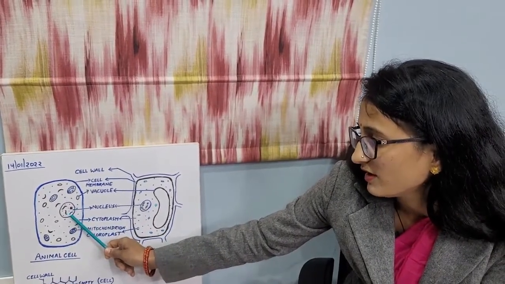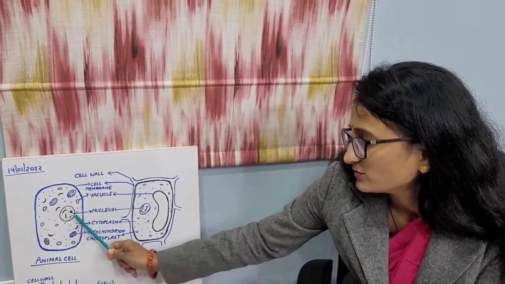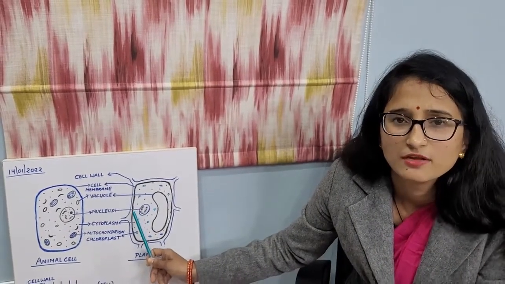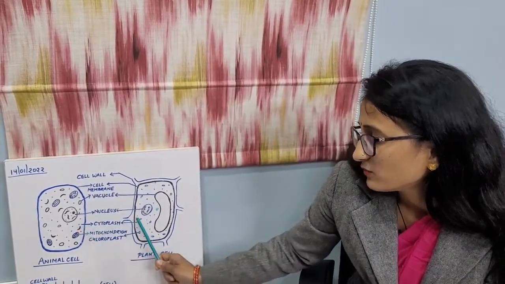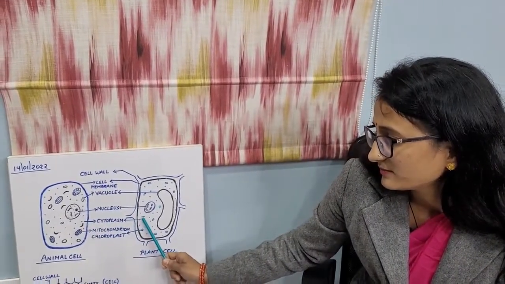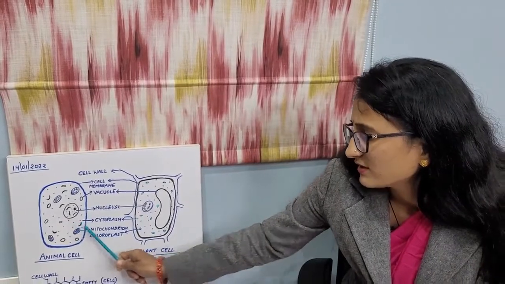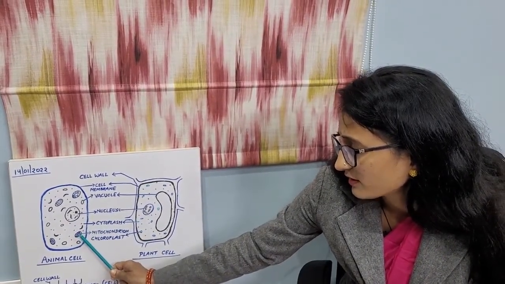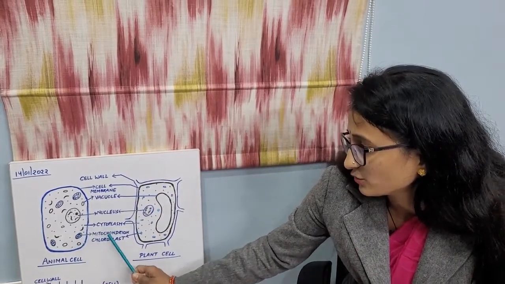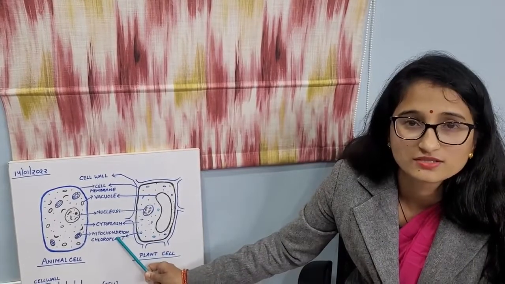Chromosomes are there. Fine. So chromosomes are the genetic structure which transfers the genetic material from the parents to the offspring. Cytoplasm is a fluid-like, jelly-like structure, and lots of organelles are there. These are like mitochondria, centriole and centrosomes.